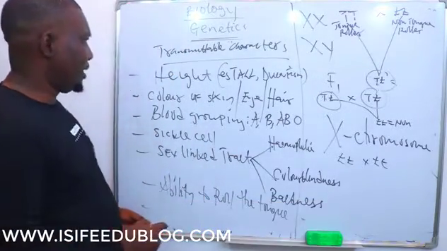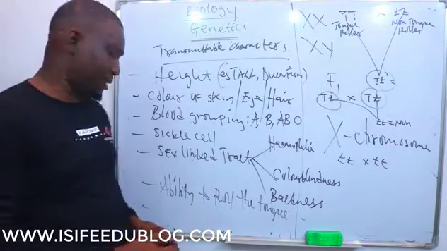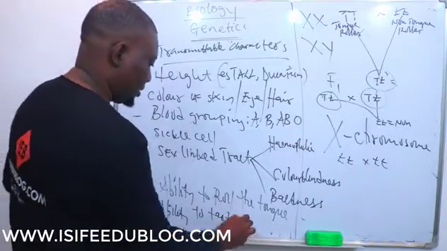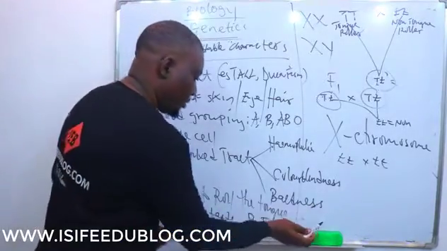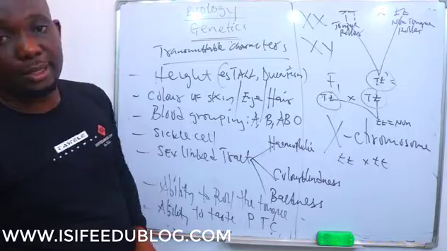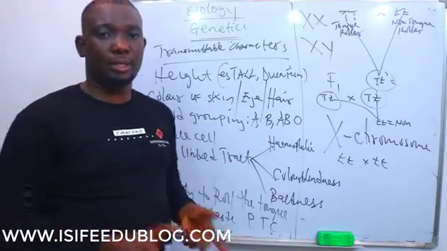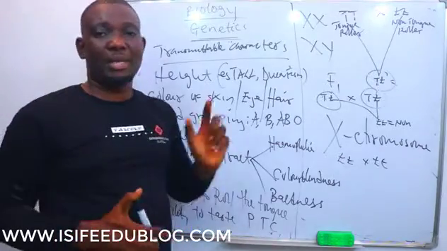Another example of a transmittable character is the ability to taste one chemical, PTC, as bitter or tasteless. There are two categories of people here: people who can taste it, to whom it tastes very bitter.